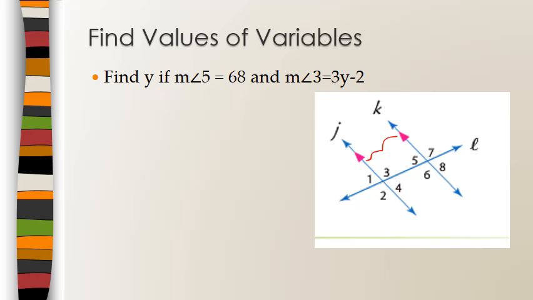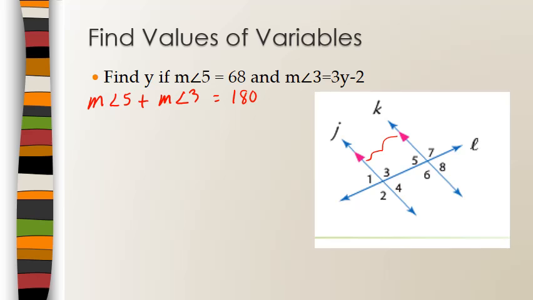Now, if they are consecutive interior angles, they are supplementary to each other. So the measure of angle 5 plus the measure of angle 3 is going to equal 180 degrees based on the supplement theorem, or the definition of supplementary. Now let's do a little substitution.